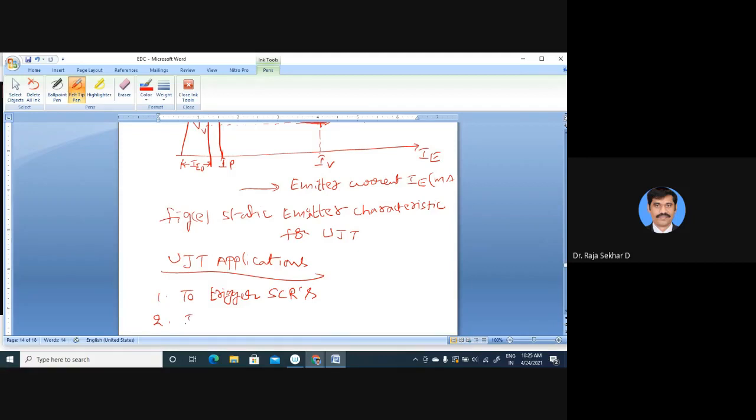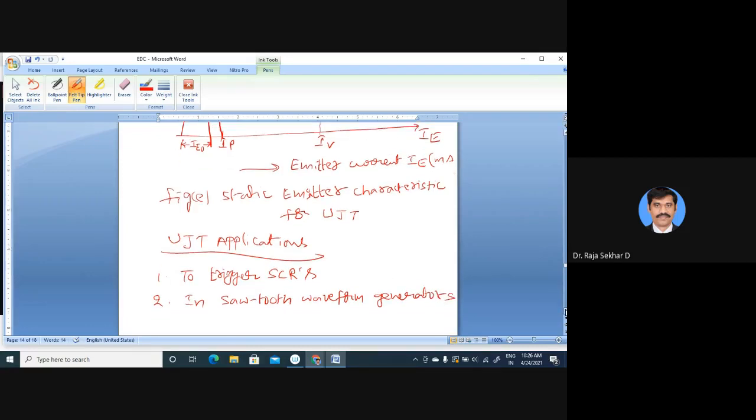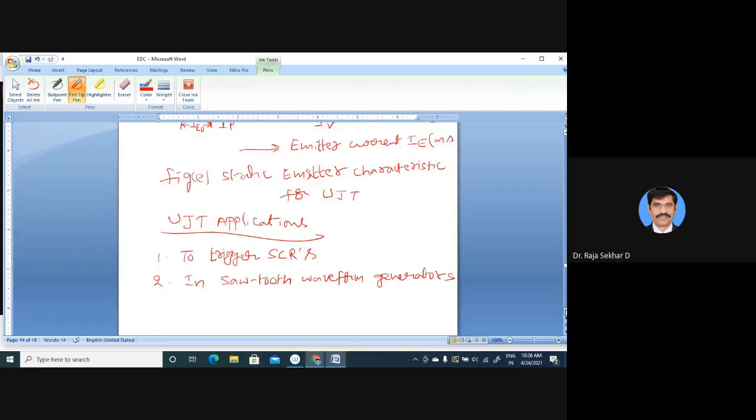Next, in sawtooth waveform generators, and third one, in phase control and timing circuits.